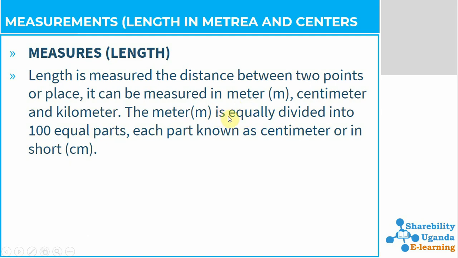All right, get this statement well. The meter is divided into 100 equal parts. So that means when you have a certain meter and you divide it into 100 equal parts, each part is known as a centimeter, or in short, cm.